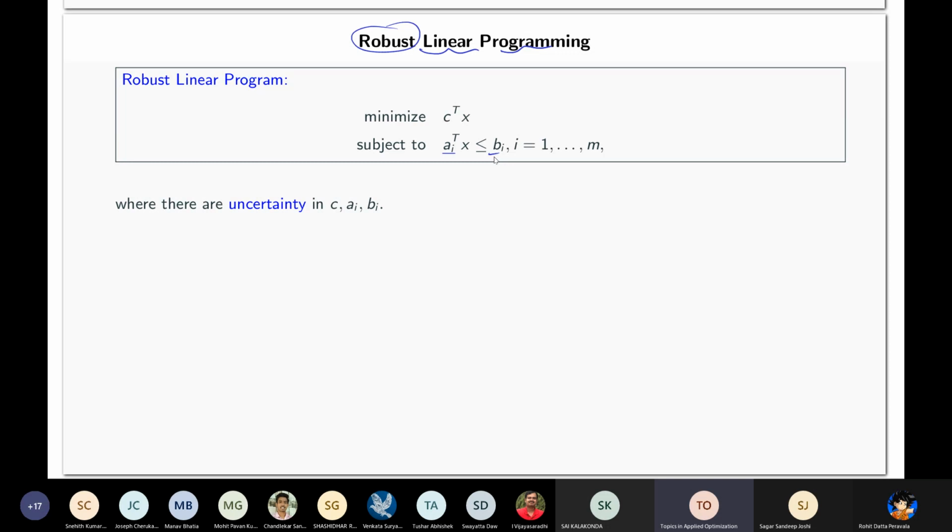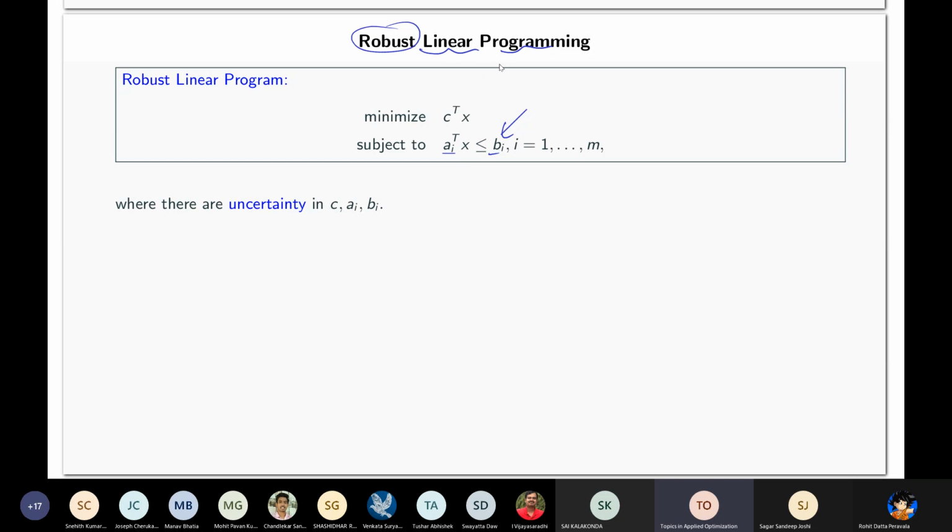In other words, these could be random variables, so there is some uncertainty in these cases. I cannot say this is some fixed value, but I can talk in terms of probability, that it takes this value and so on.